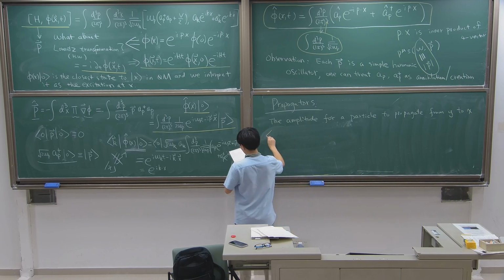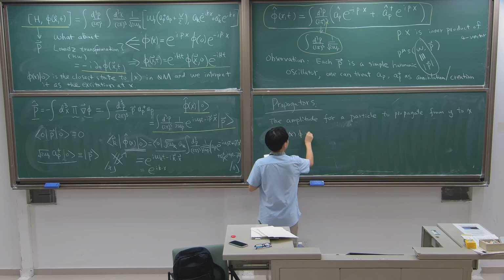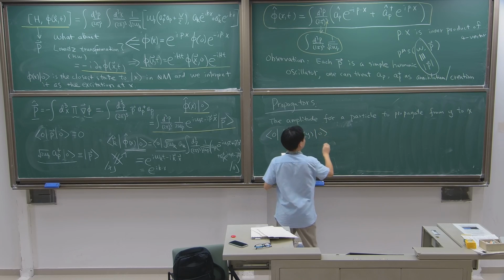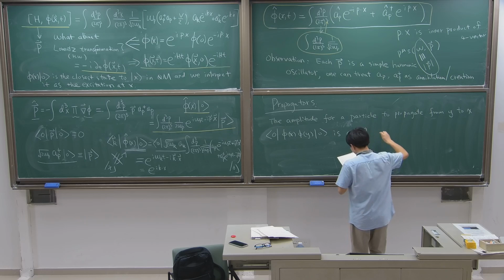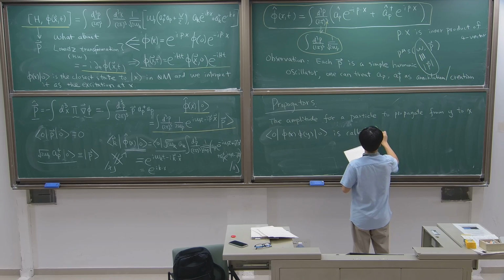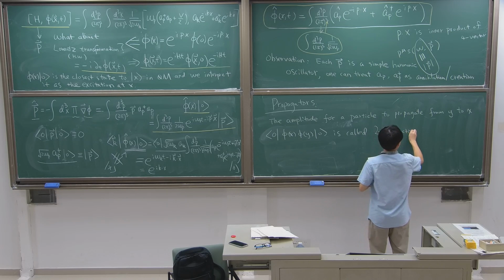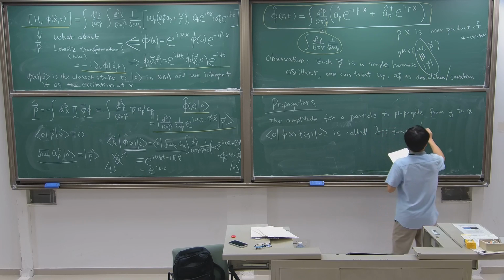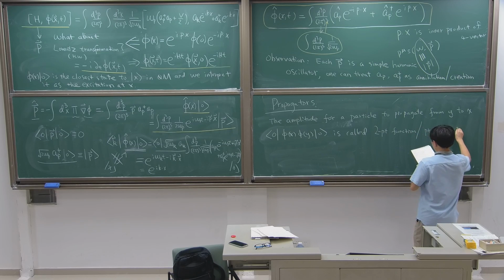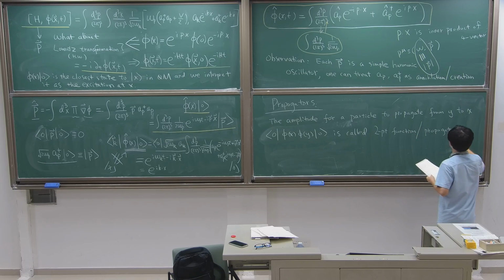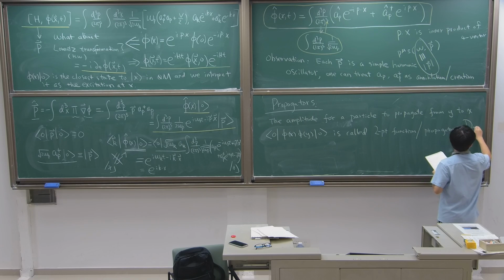If you want to characterize it mathematically, it will be something like this. This kind of object is called a propagator, or roughly correlation function, 2-point function. There are 2 points. Let's denote it something like D.